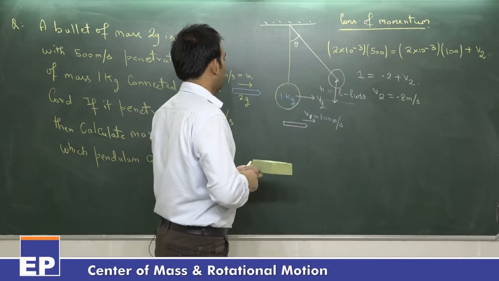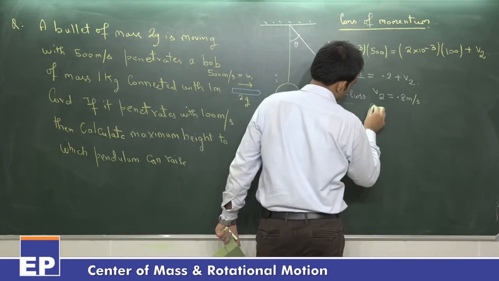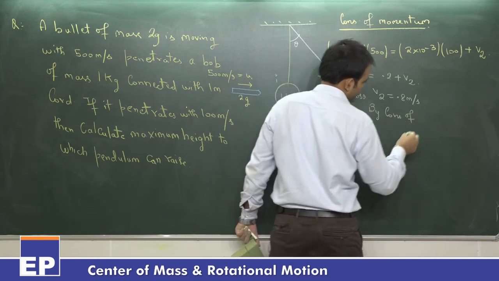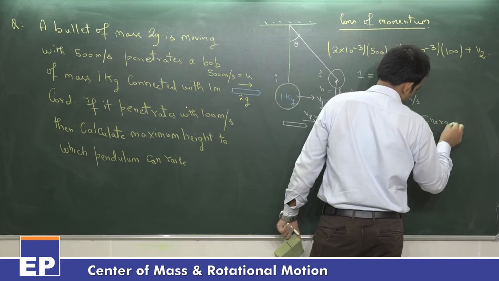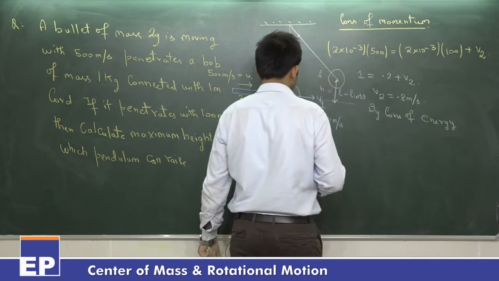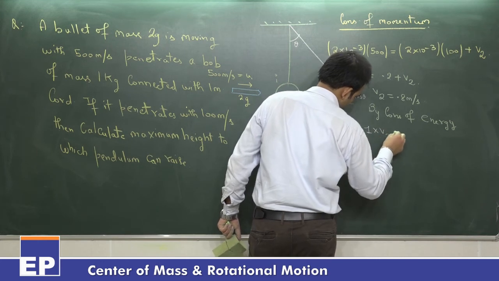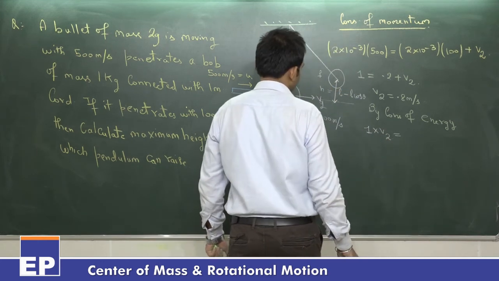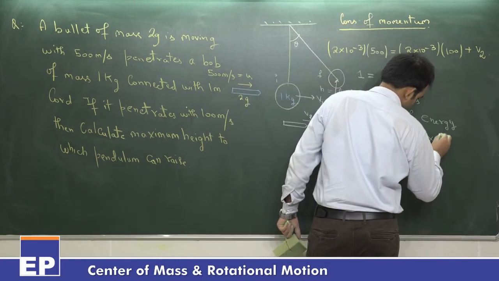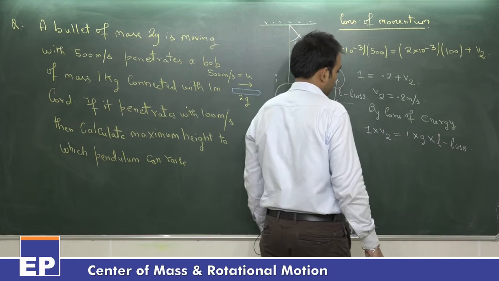So you can say by conservation of energy between initial and final, one into V2 squared by 2, that is mgh.